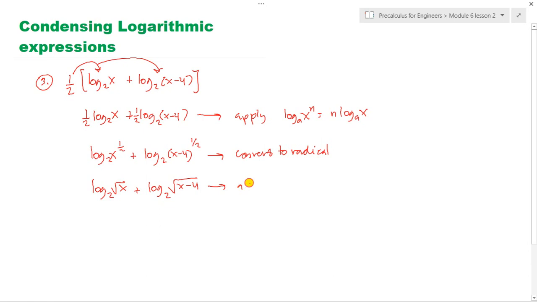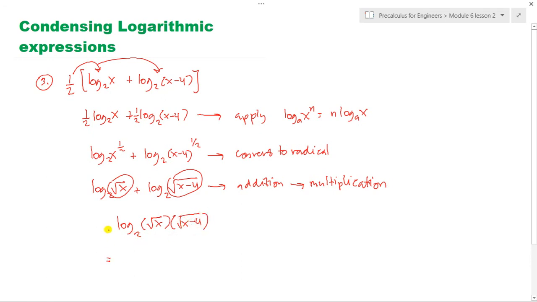Then, from addition, convert to multiplication nga rule sa atong property, di ba? Multiplication. So, multiply na lang sa ilahang expression. Okay, the same sa base, so we can condense them. That is log of square root of x multiplied by the square root of x minus 4 to the base of 2.